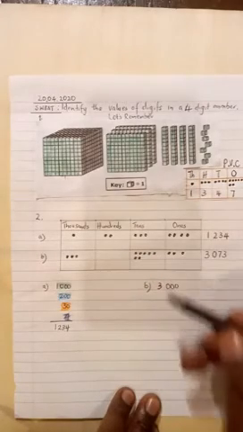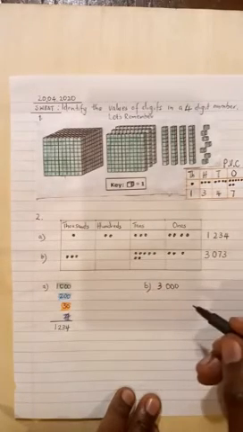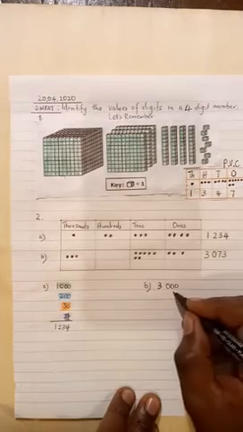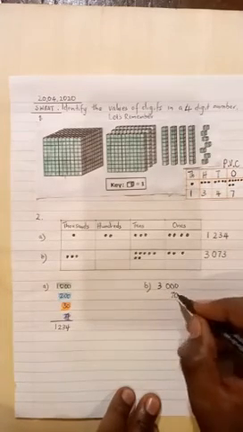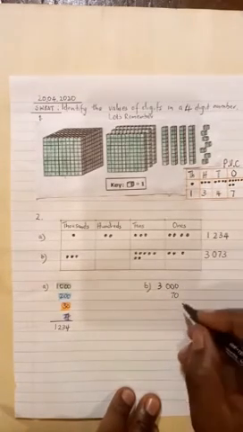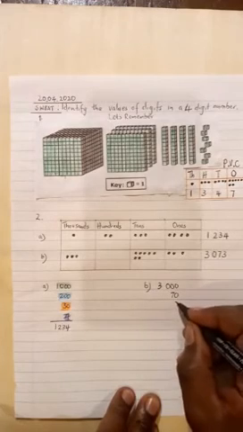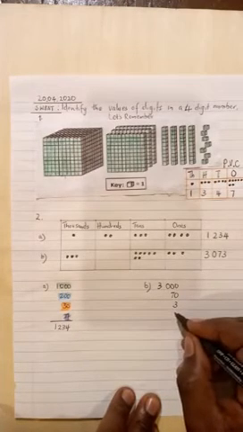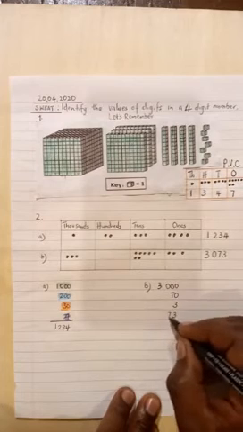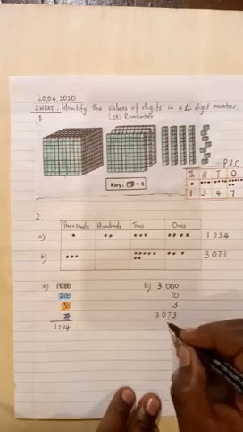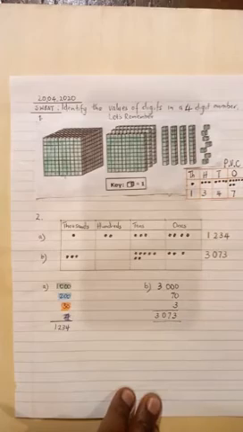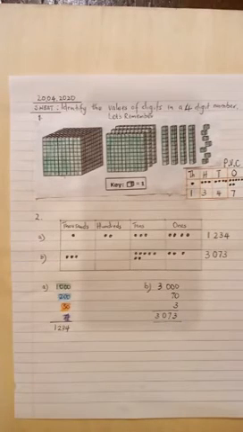I've got 7 in the tens place. 7 multiplied by 10 is 70. And last but not least, I've got 3 ones. 3 multiplied by 1 is 3. And I tally them, I'll get 3,073. And so the value represented in B is 3,073.